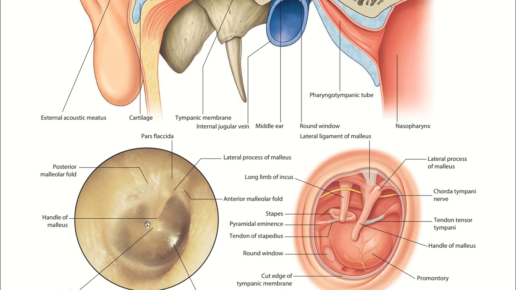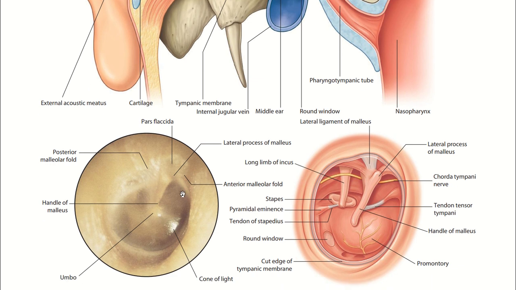So you can actually see a fold, which is called a malleolar fold, which is for the handle of the malleus, right? And then about 5/6 of the tympanic membrane is made by what you call the pars tensa. The pars tensa is gonna make 5/6 of your tympanic membrane, and then you're going to have a portion called the pars flaccida, right?